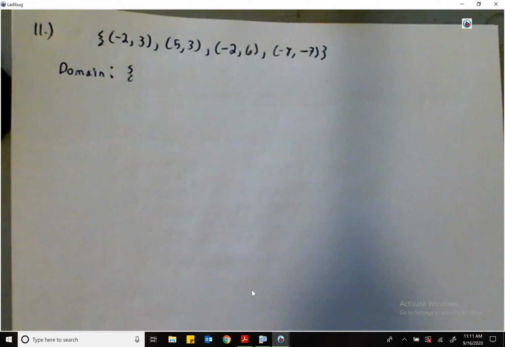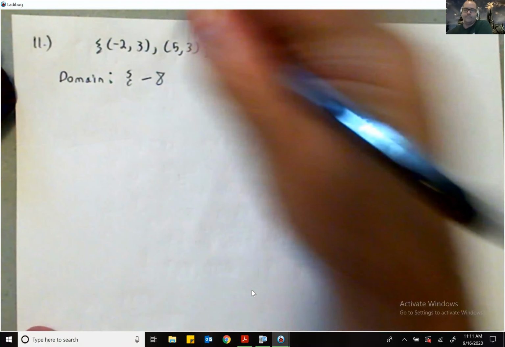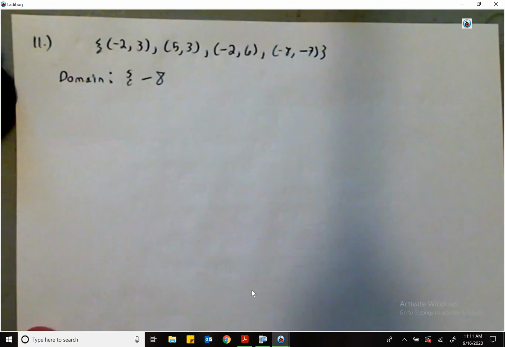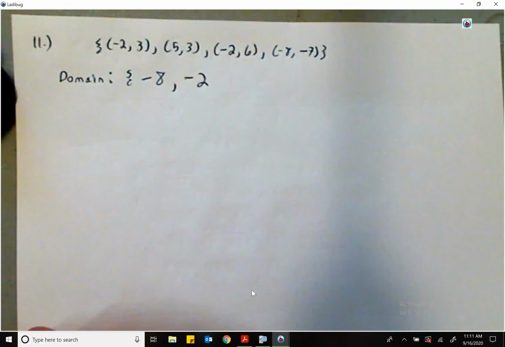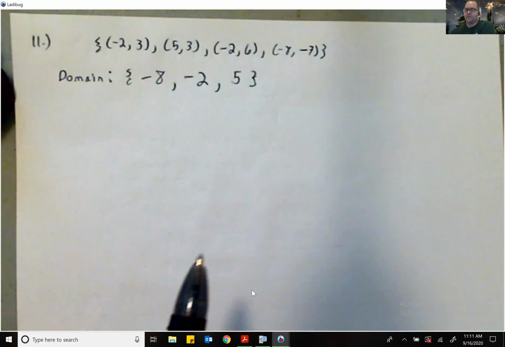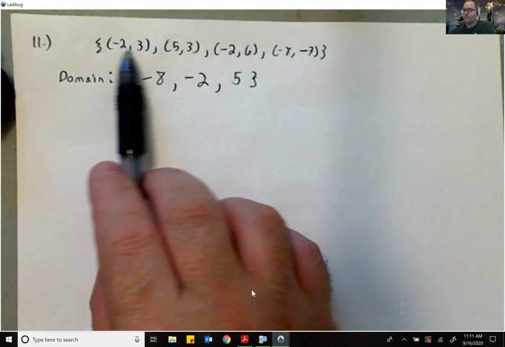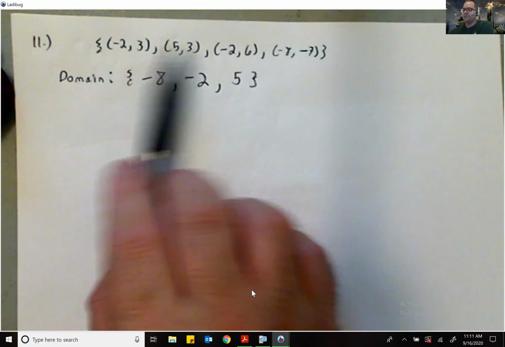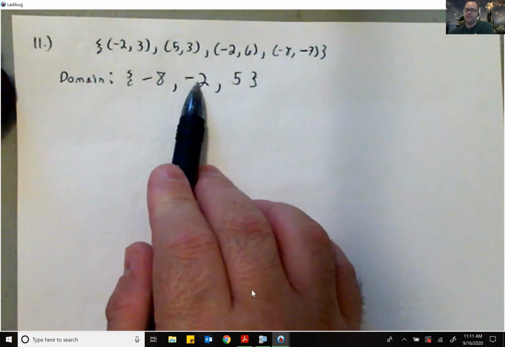Okay. -8, because that's an X value, comma -2, because that's an X value, comma 5. Good. And we do not repeat values. Once you say -2, it covers both of those. Okay, there's the domain. -8, comma, -2, comma 5. Done. That's what goes in the blank.